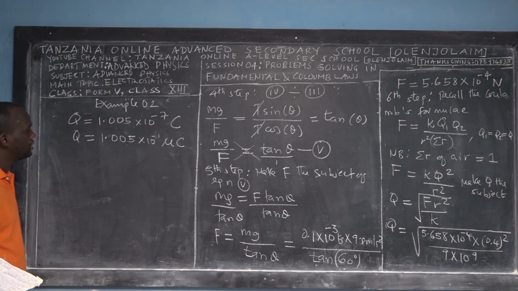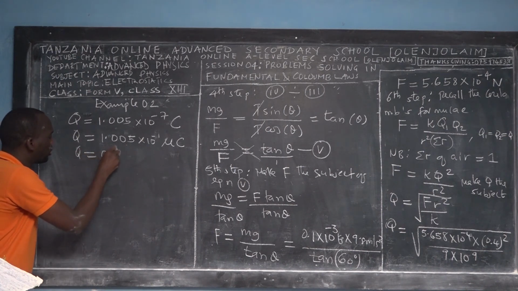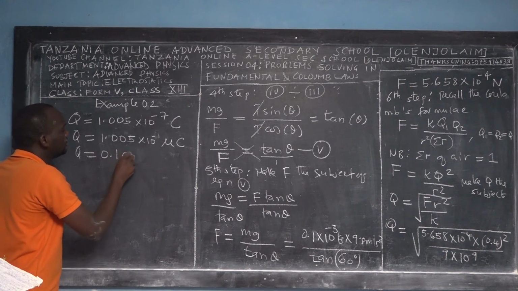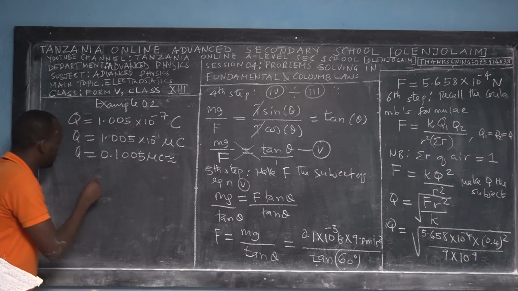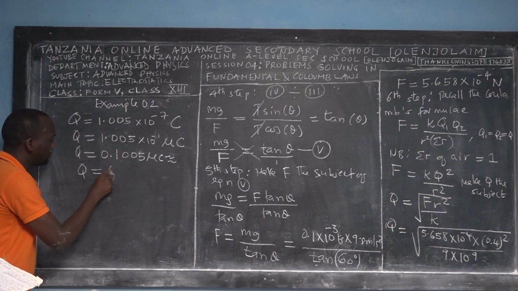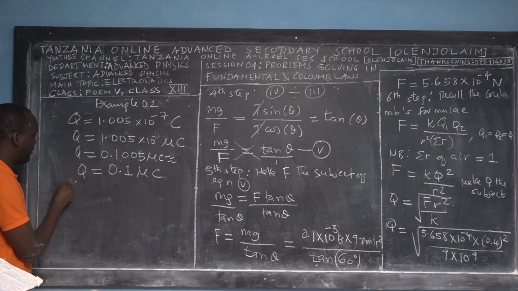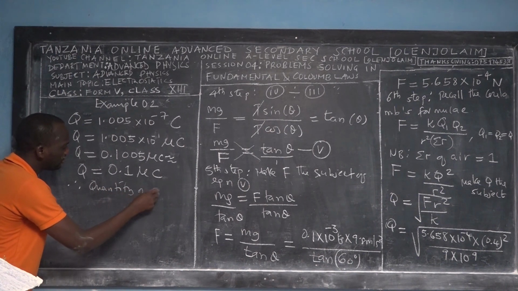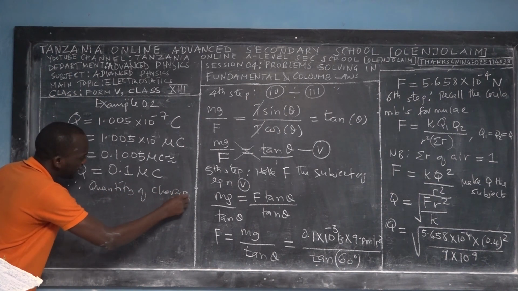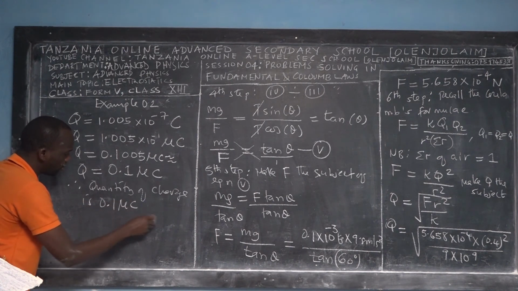So Q now is equal to 0.1005 micro Coulomb. If you estimate it, the quantity of charge is simply equal to 0.1 micro Coulomb.